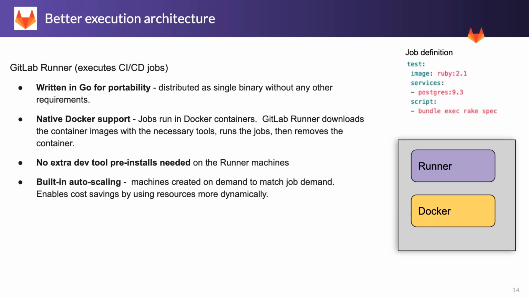So in order to set up a Runner machine, you just need a machine to install the Runner on, and Docker, no more than that. And of course, it has built-in auto scaling. So I don't need to have a farm like in Jenkins with many slaves waiting for your jobs, because the build machine will be created on demand for you, and also it will save you a lot of money if you are using the cloud for those machines.